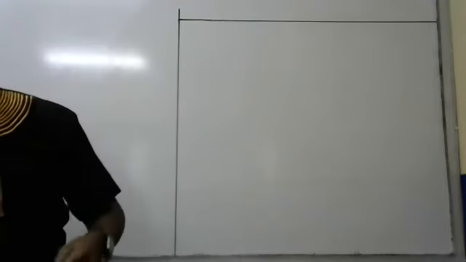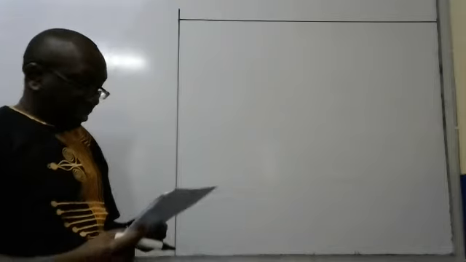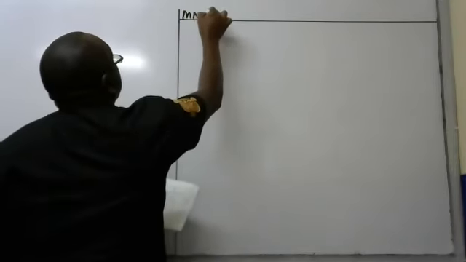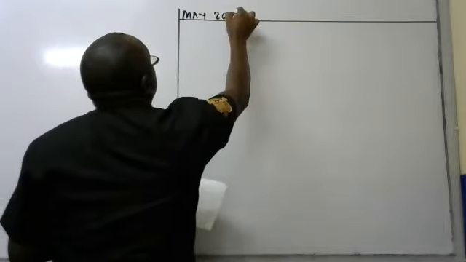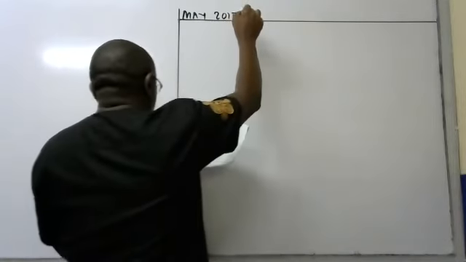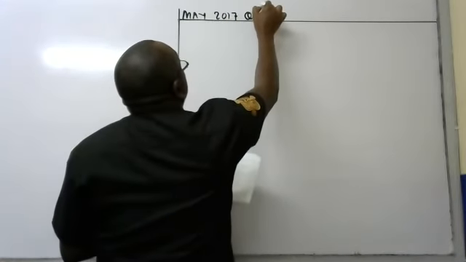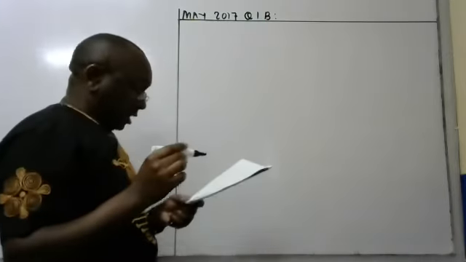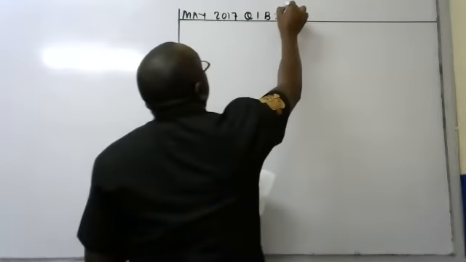The next question I want us to deal with is a question of May 2017. May 2017, question 1B. Get there. The question is a case of cash budget.